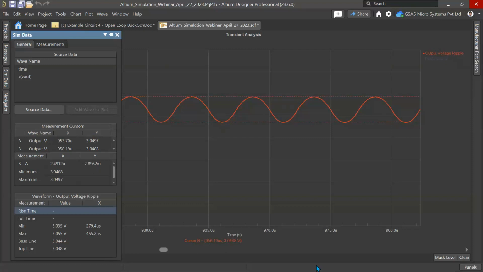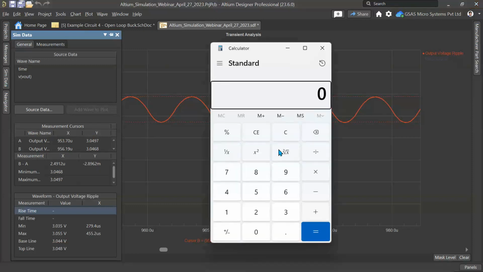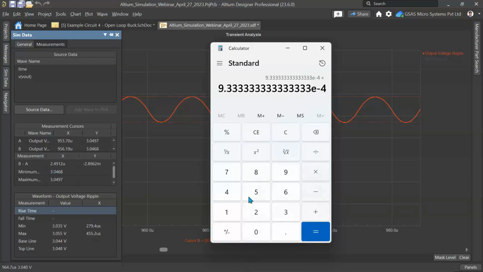We use the calculator again to calculate the voltage ripple: 0.0028 divided by 3, times 100. That is 0.09, which is less than 1%.